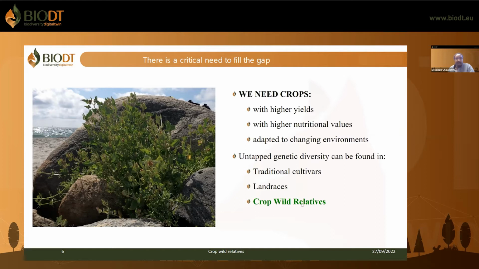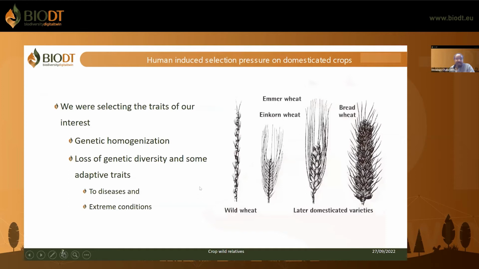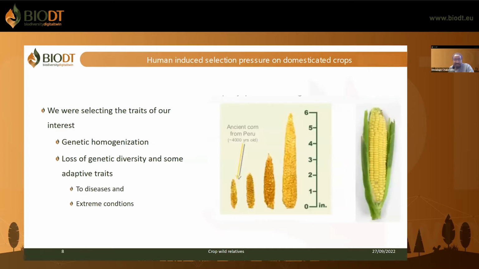And if you consider the crops which we are currently using, they have faced induced selection pressure by human beings. For example, this is the wild wheat, and these are the wheat which we have domesticated. And this is the corn which we had about 4,000 years ago in Peru. And through selection, we have achieved this one.